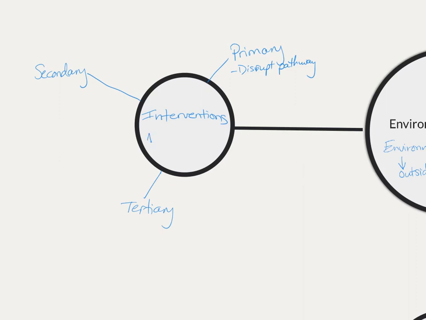The challenge here with interventions is that we are always part of a system, and we're not always very good at predicting how a change to one part of that system will affect the entire system. For example, the United States was experiencing significant health burden from malaria transmitted through mosquitoes in the environment.